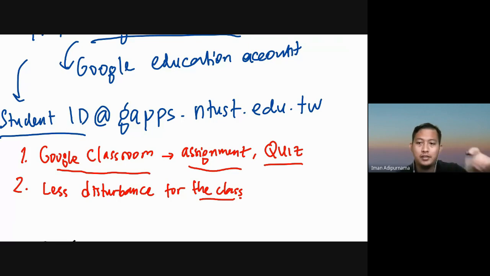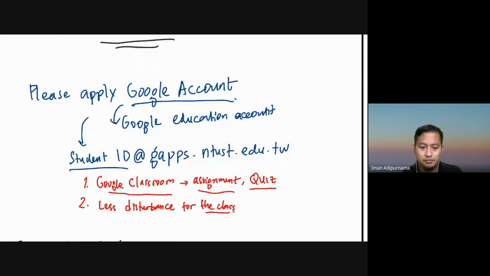If you are an international student, you can just translate the article, and I think the process is not that complicated. In a few hours or maybe one day, you will use your student ID, and then you will get your new Google Education email, or GApps email. So that's the Google account.